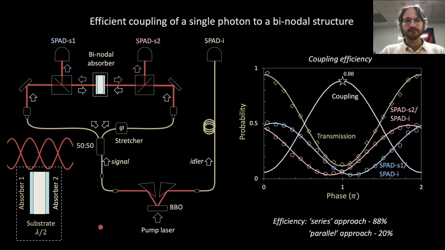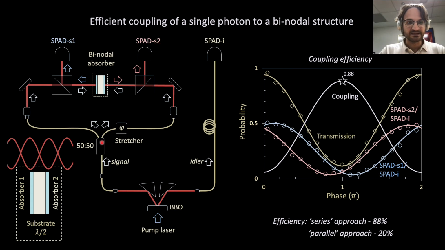This is our experiment where we demonstrate efficient coupling of a single photon to a basic binodal structure. We generate photon pairs through spontaneous parametric down conversion, where one photon from the pair is directly sent to a single photon detector, and it heralds the presence of the second photon from the pair, which we send to an interferometer, where it forms the standing wave in the middle of the interferometer.